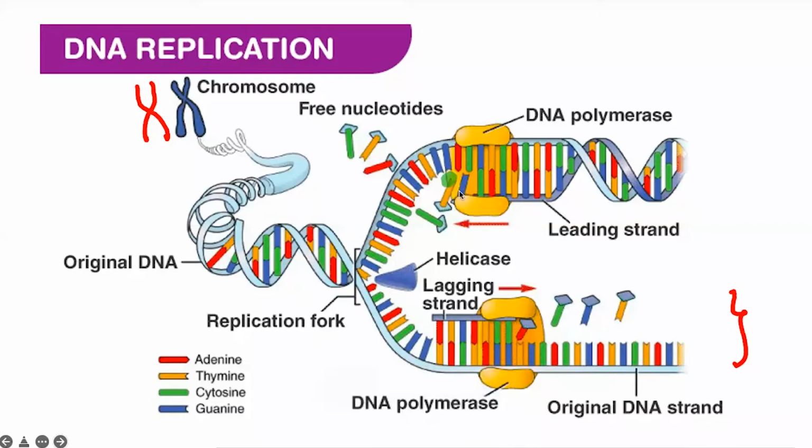Once it puts in a nucleotide, it has a checking function. It's like seeing, have I done the right thing? By the time it checks, it's already moved ahead of that base and it's putting the next base. But the moment it notices an error, it will slide back, and it will remove the nucleotide and put the correct nucleotide. So error checking is part of the process of DNA polymerases. In general, there will be DNA polymerases which cannot do error checking.